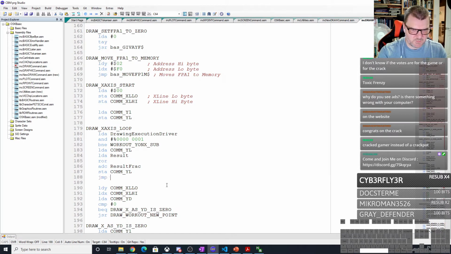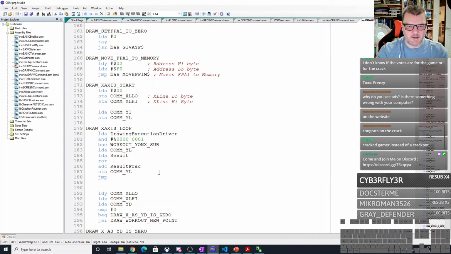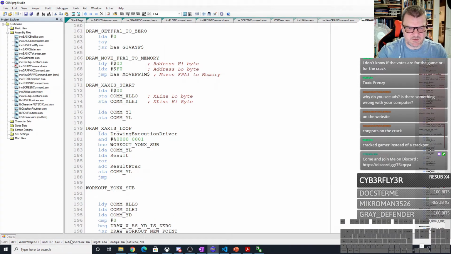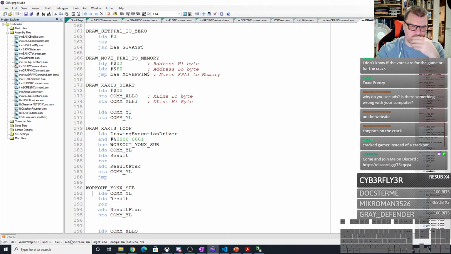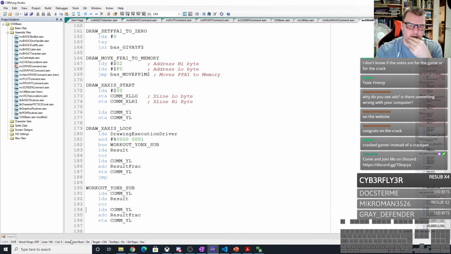So we need to jump somewhere. And now we take that and we do exactly the same. But this time we do subtract. So if we're going to subtract 1, the carry needs to be clear, doesn't it?